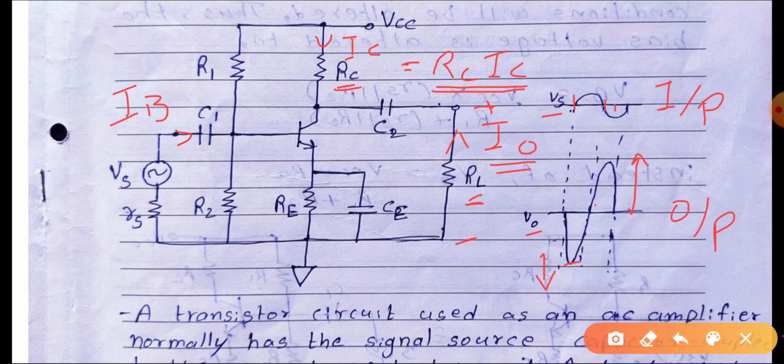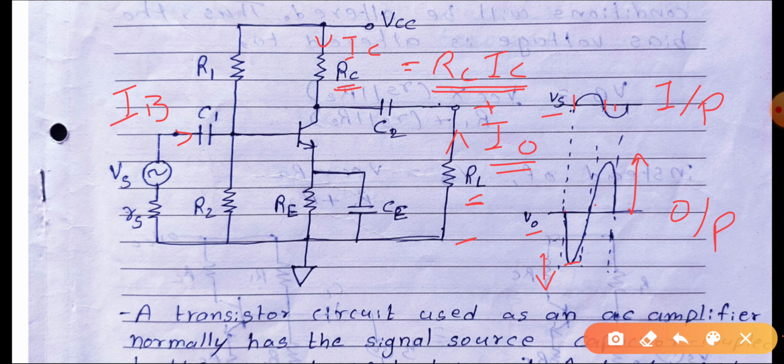So just keep in mind, when you take the output at RC, you will get in phase output, and when you take output from load resistance RL, you will get 180-degree phase shift or phase reversal of the output signal. So I hope you all know what is the difference between phase of the signal, 180-degree phase shift, 90-degree phase shift.